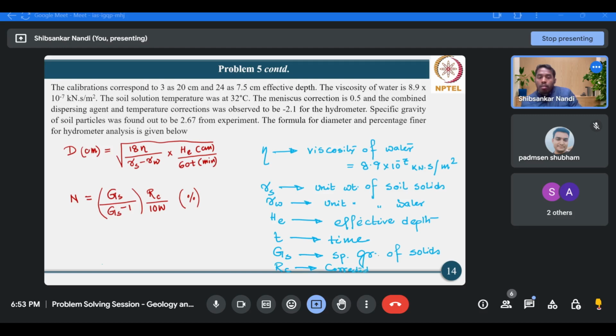We'll come to this topic, the corrected hydrometer reading.